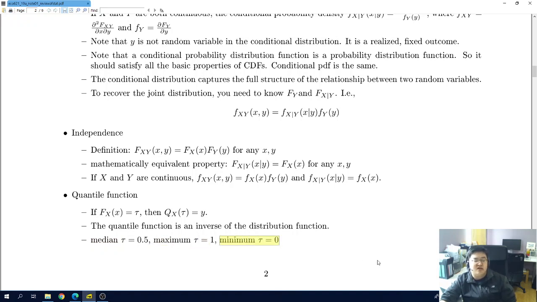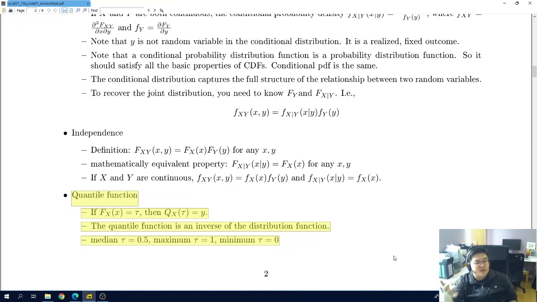Or you may think of percentiles as a special case of quantiles, like the 95% quantile. That means the top 5% value, or the 0.05 quantile is the bottom 5%. So quantile can be understood as a kind of probability distribution.